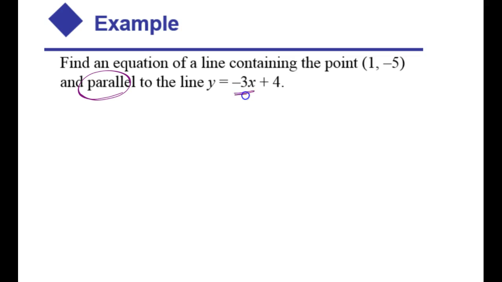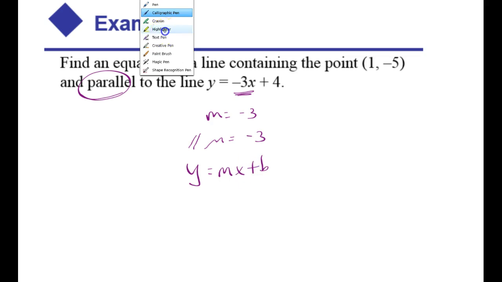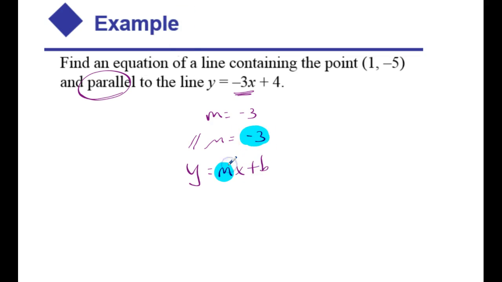So writing the equations of lines that are parallel, I want to find out if they're the same slope. So here the slope is negative 3, so parallel slope is exactly the same. So I'm going to use the slope of negative 3. So in my formula, y equals mx plus b, the m value will be negative 3, and I'm going to plug in the x value to be 1 and the y value to be negative 5.